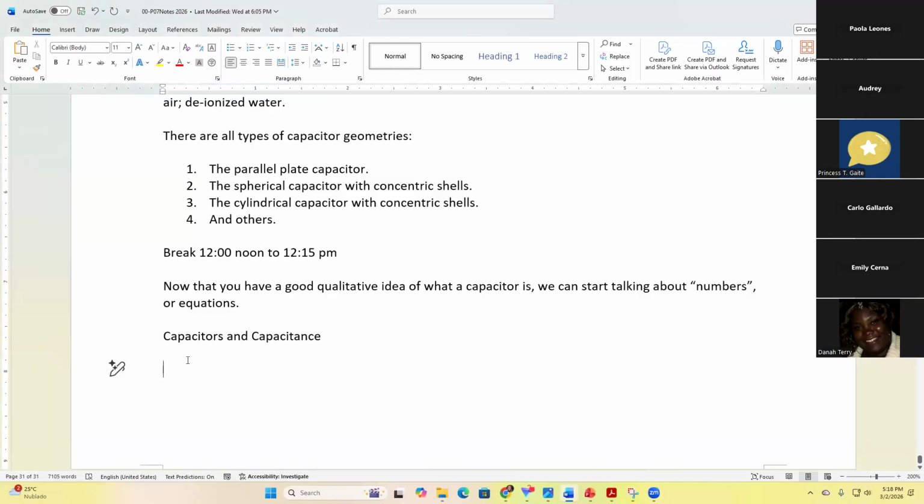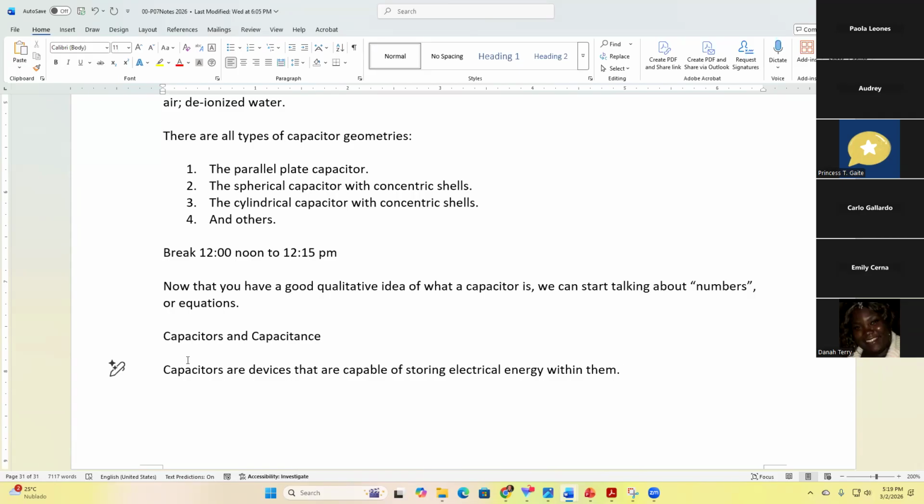You already know what a capacitor is, and in order to quantify a capacitor, let's write this down. Capacitors are devices that are capable of storing electrical energy within them.